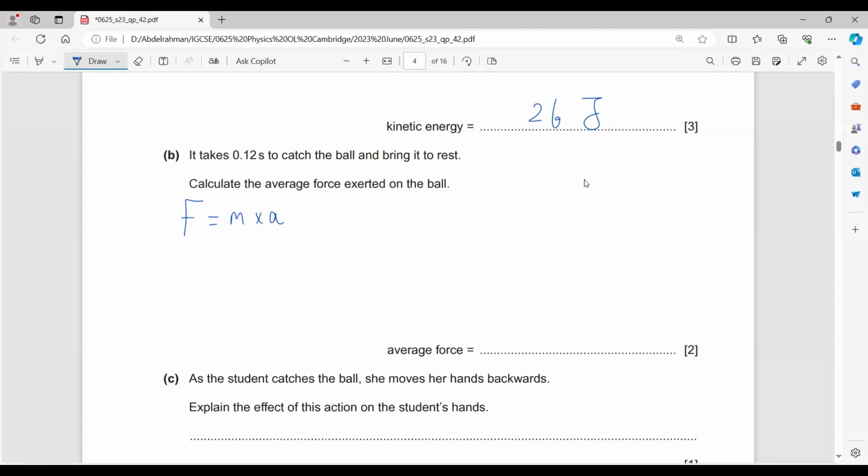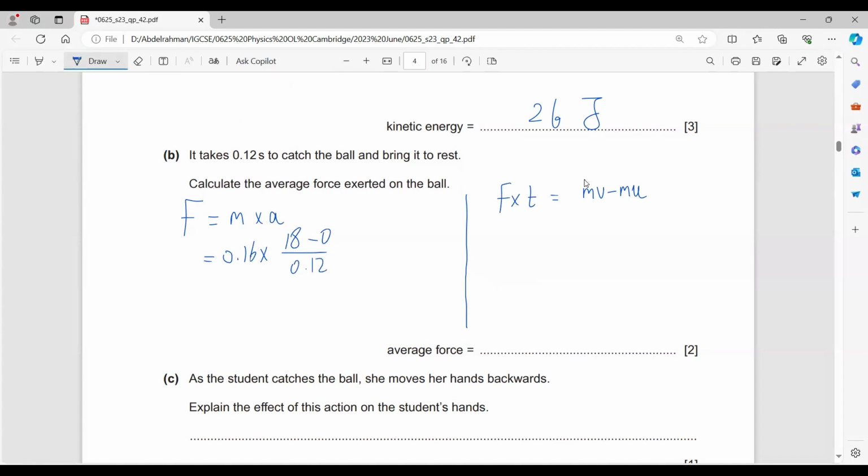Actually, there are two ways to solve this question. Either you say force equals mass times acceleration, or you can solve it using the impulse: force times time equals the change in momentum, mv minus mu. Both of them will give you the same answer. Initially, you need to find the acceleration. So you'll say mass, which is 0.16, times the acceleration, v minus u over t. V was 18, final speed 0, over t, which is 0.12.